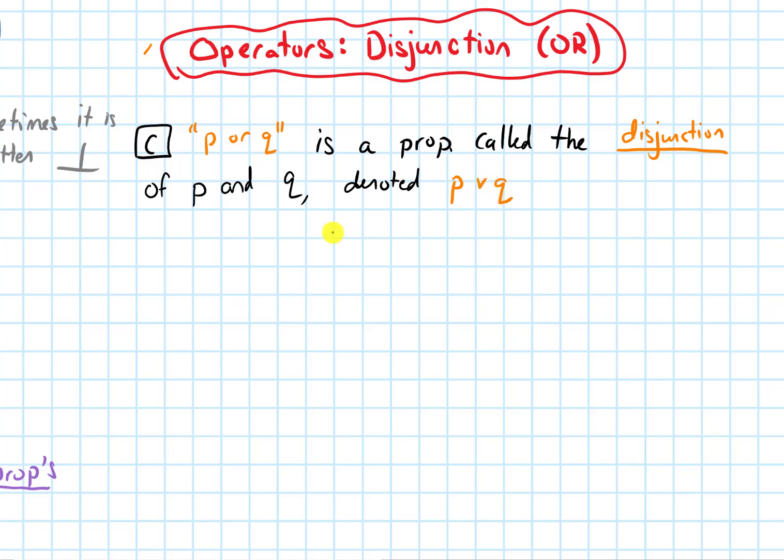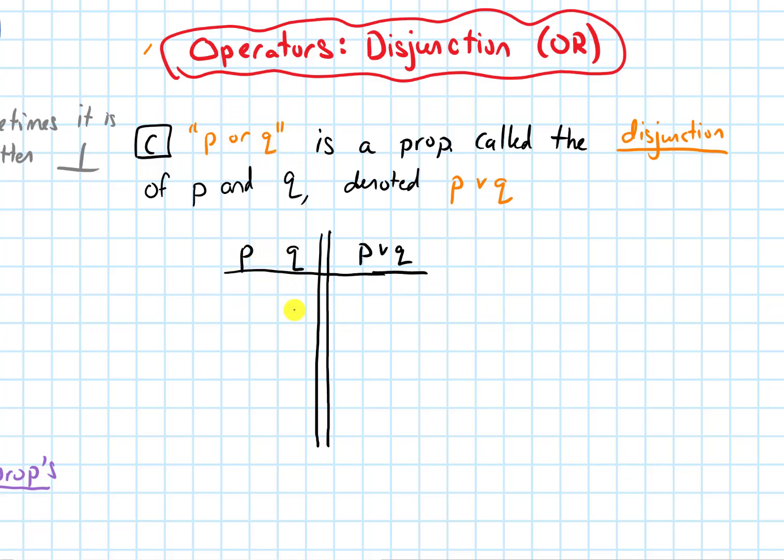So next, I want to write a truth table for P or Q. Two propositions go into building this one, so I'll write P and then Q on the left-hand side of these double vertical bars, and then I'll put P or Q on the right-hand side. On the left-hand side, I do the same thing that I did with conjunction.